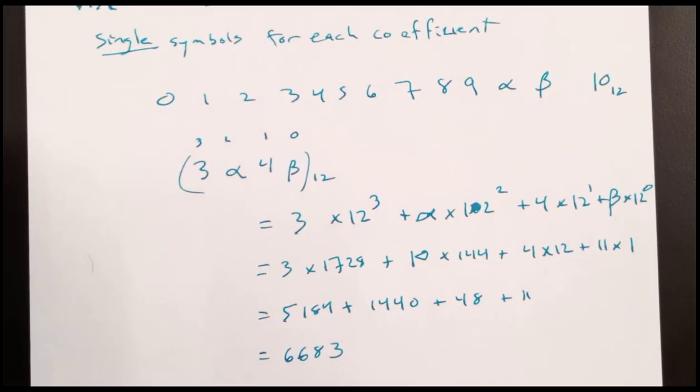If I'm working in base 16, I need 16 different symbols. What am I going to do once I get past 9? I'll start using the alphabet.